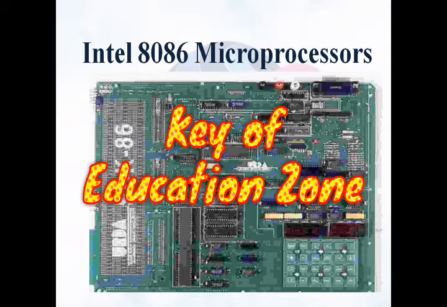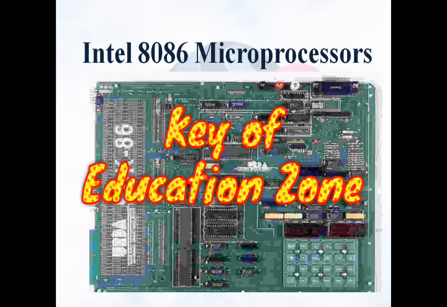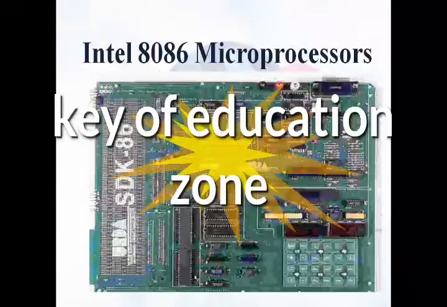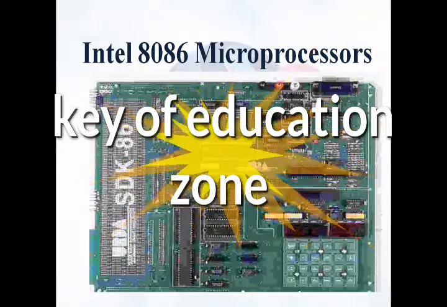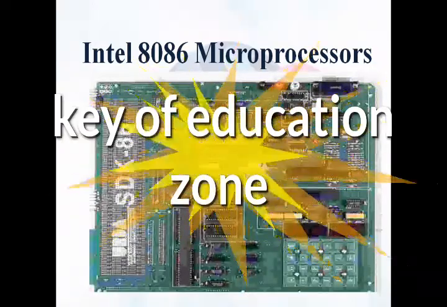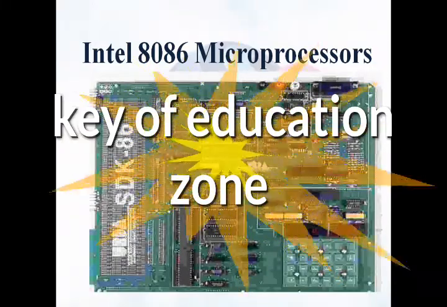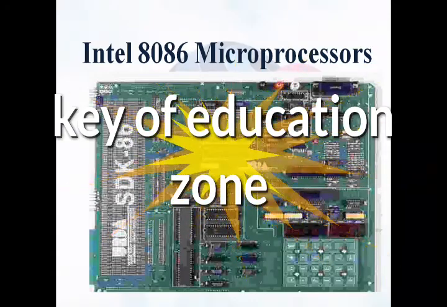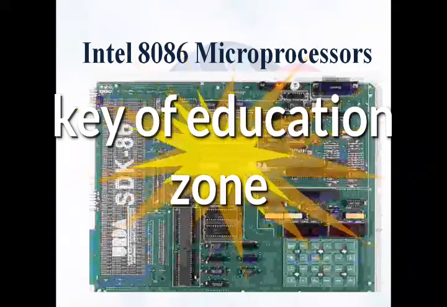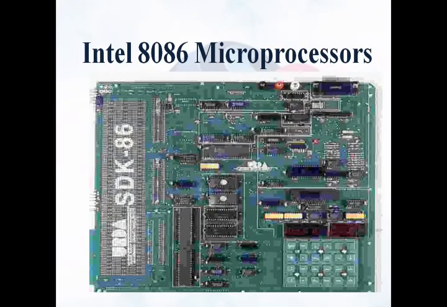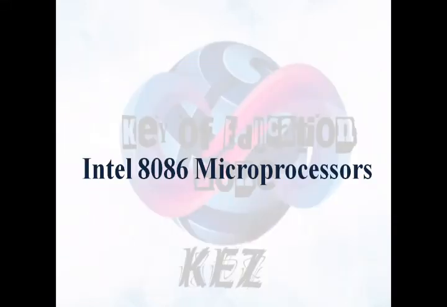This video is another important topic related to computer science hardware. It is regarding the 8086 microprocessor, the Intel 8086 microprocessor. Before starting that, I have to tell you what the Intel 8086 microprocessor is.